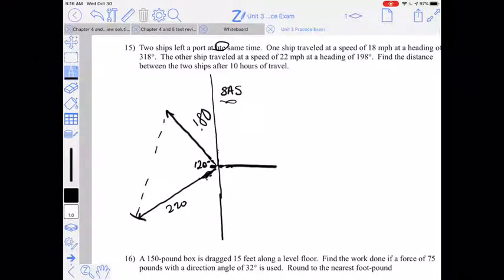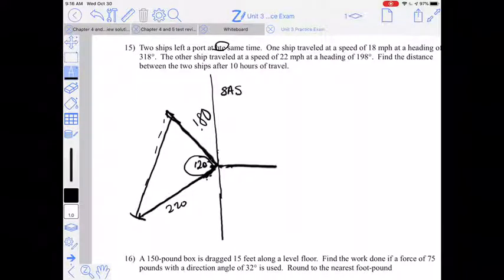And what we need to do then is figure out this distance here. Now we've got two sides and the angle in between them. So that's an example of a side angle side triangle. To find missing measurements on a side angle side triangle, remember we need law of cosines.